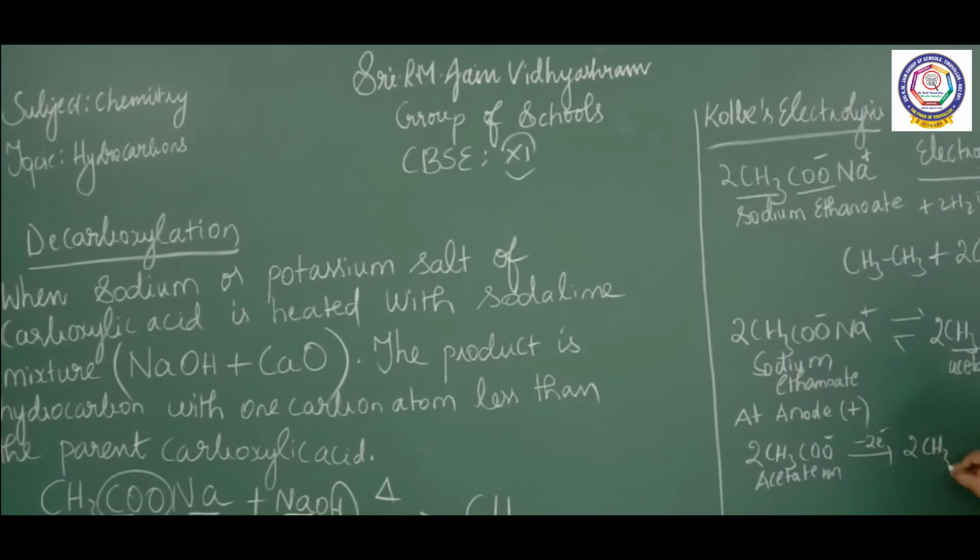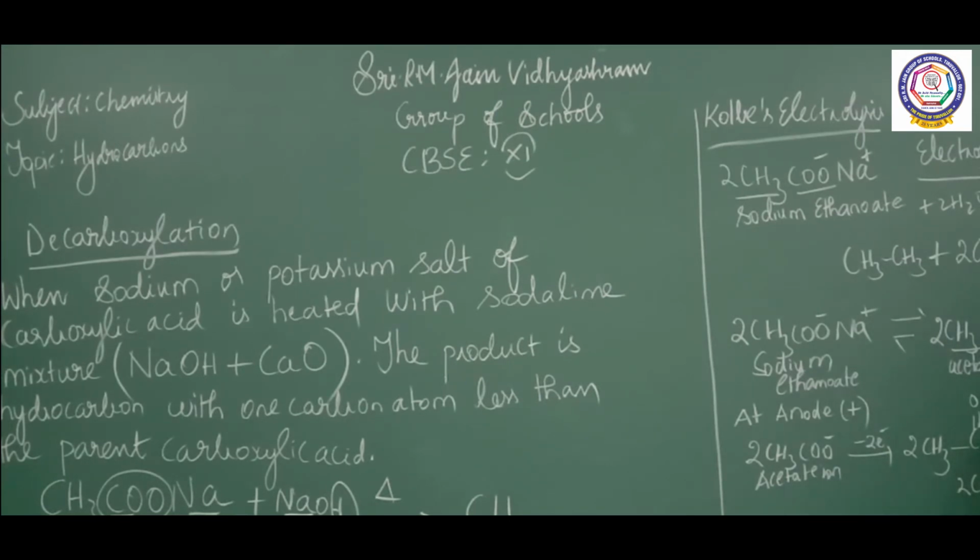2CH3C double bond O negative. Is it not? So here when it loses 2 electrons, what you will be getting? 2 CH3C double bond O. This oxygen will have 5 electrons.